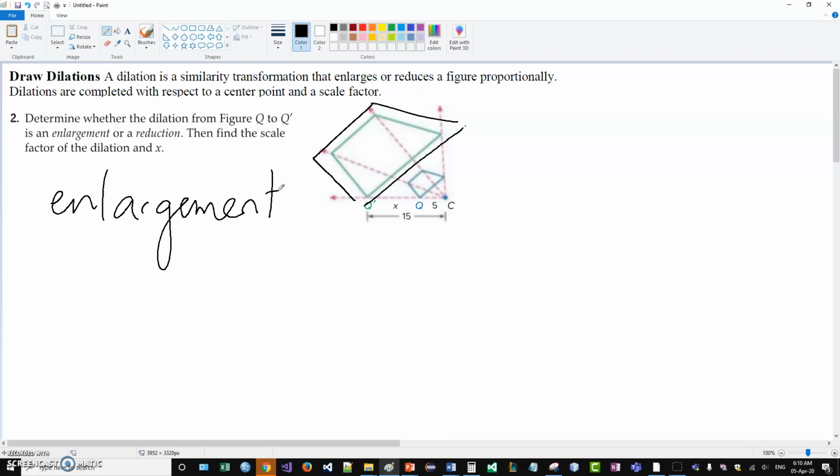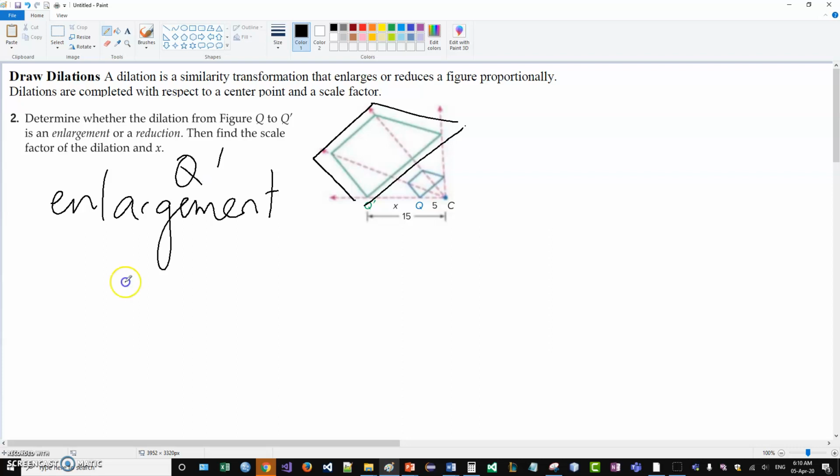The original image will not have prime in the names of the vertices. So we know it's an enlargement, we just need to find the scaling factor.